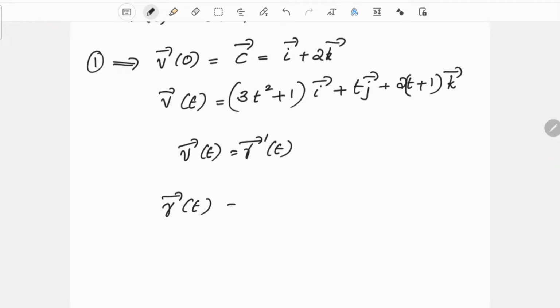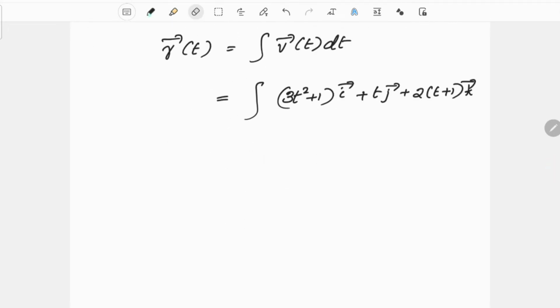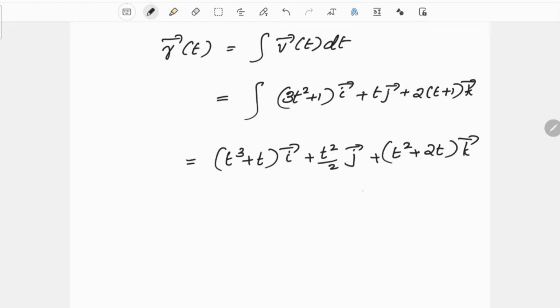So vector r(t) is equal to the integral of v(t) dt, and that's equal to the integral of (3t² + 1) i + t j + (2t + 1) k, which is (t³ + t) i + t²/2 j + (t² + t) k plus vector d.